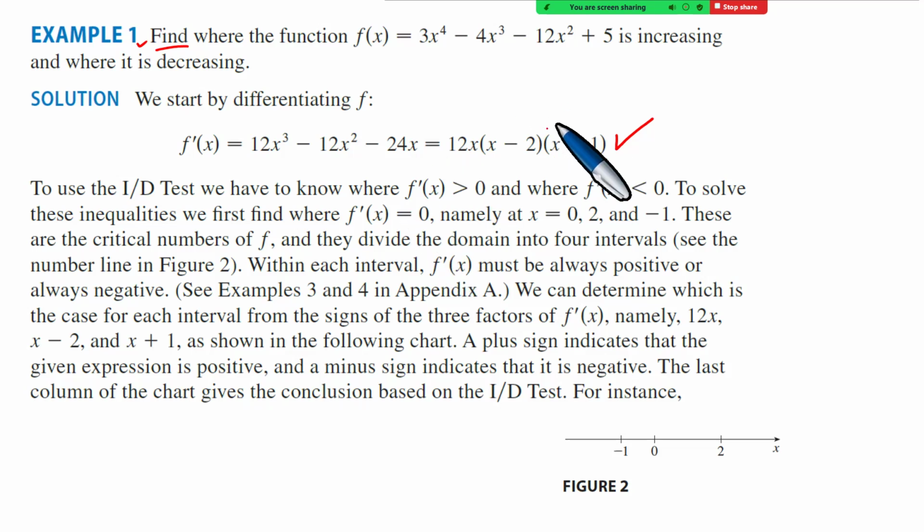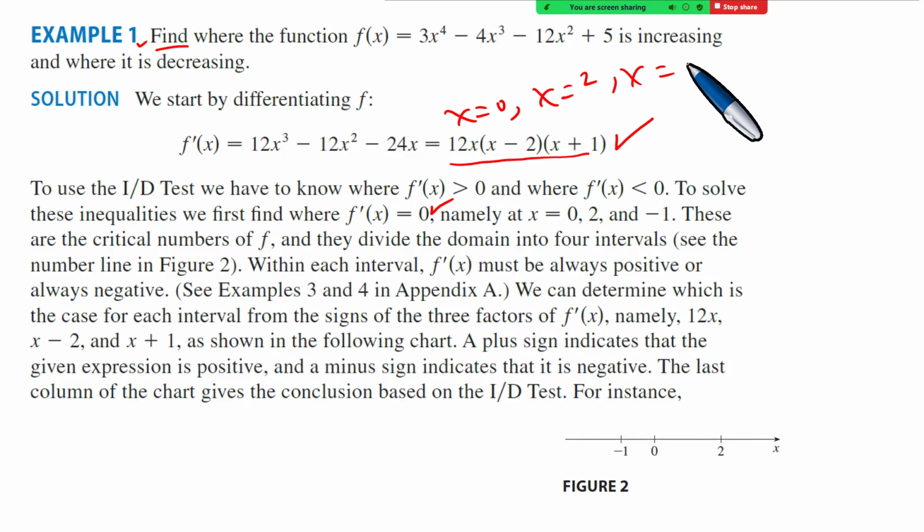Okay, so this is our strategy. When you equate this derivative to 0, we are able to see that x is going to be 0, x is going to be 2, and x is going to be exactly -1. At the 3 critical points, this is what we have. These are the critical numbers of f.